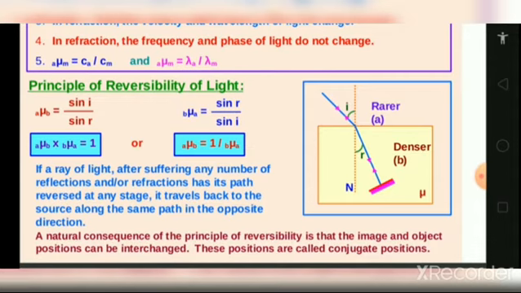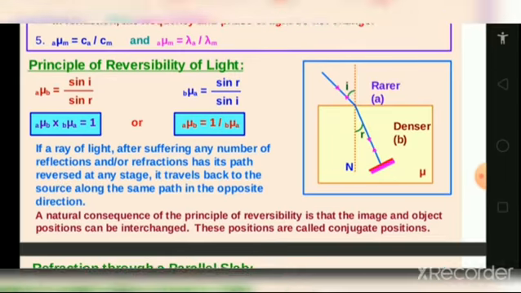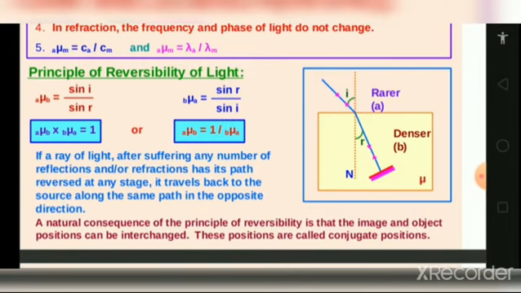For the two given media, theta 1 is the angle of incidence and theta 2 is the angle of refraction. The ratio of sine i upon sine r, or you can say sine theta 1 upon sine theta 2, is constant. The ratio is called the refractive index, or just the index.